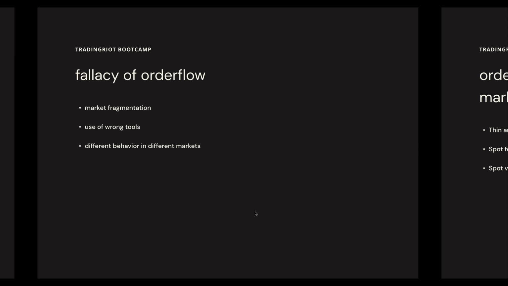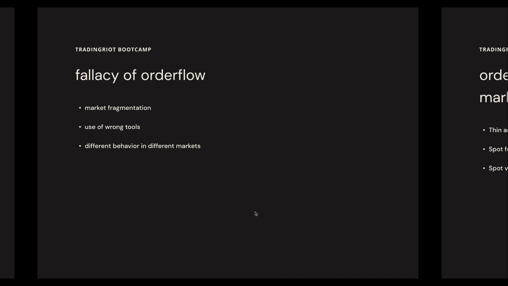It became quite a popular thing to sell, and people charge thousands of dollars for courses that even mention the order flow. There are a few issues with this, besides the obvious fact that there is no holy grail to trading.